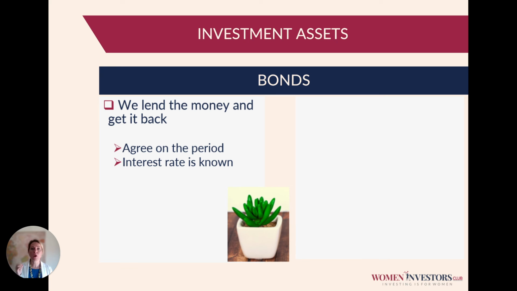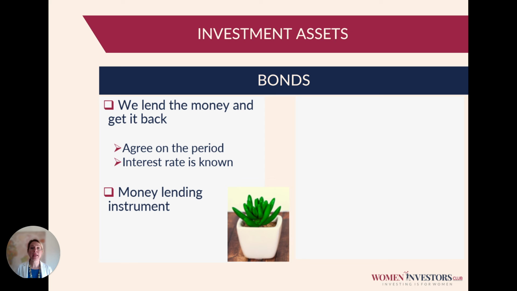So there is actually a contract which stipulates the period after which we receive our money back, and the interest rate which will be paid to us on a yearly basis. So a bond usually is structured this way. We know we will receive money, we know how long it takes, and we know which interest rate this bond is paid on a yearly basis.